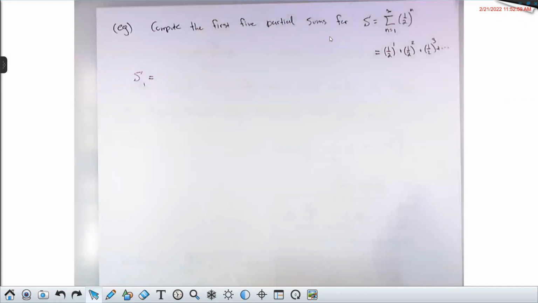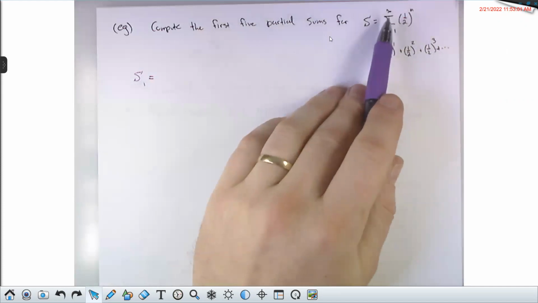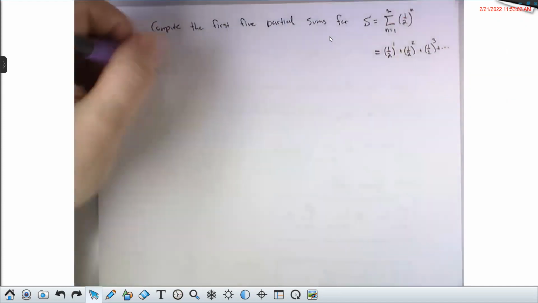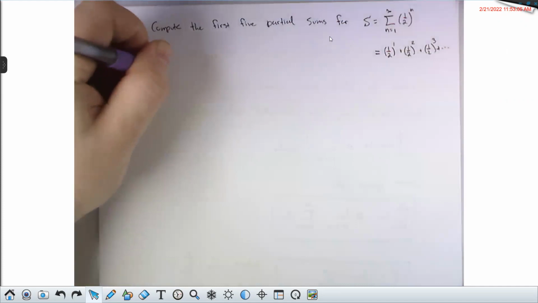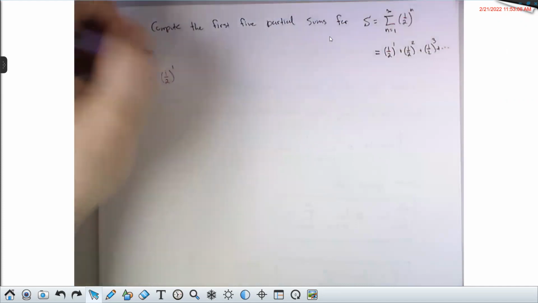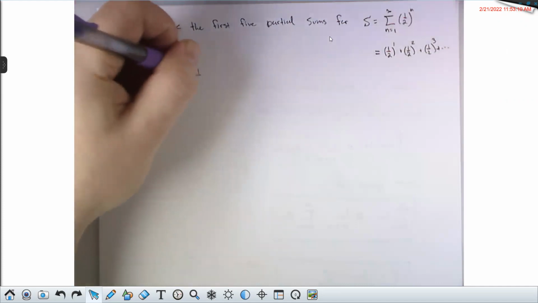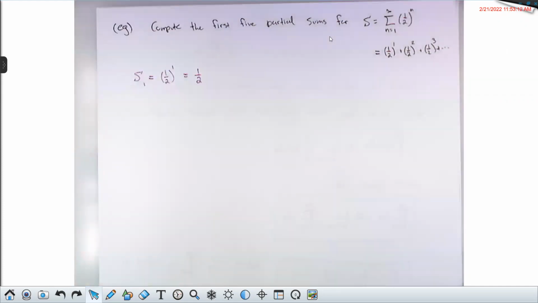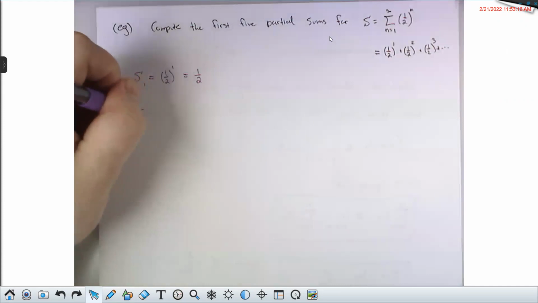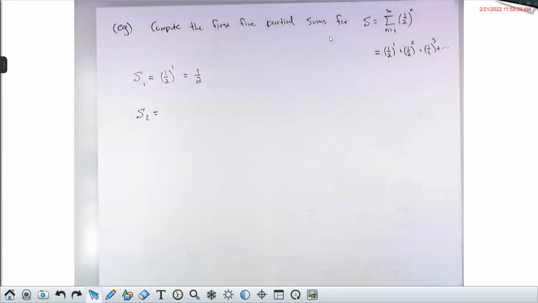And this is just the sum from n equals 1 to 1. This would just be 1/2 to the 1, which is, on a good day, 1/2. S2 is not 1/2 to the 2. I'll repeat that. S2 is not 1/2 to the 2.